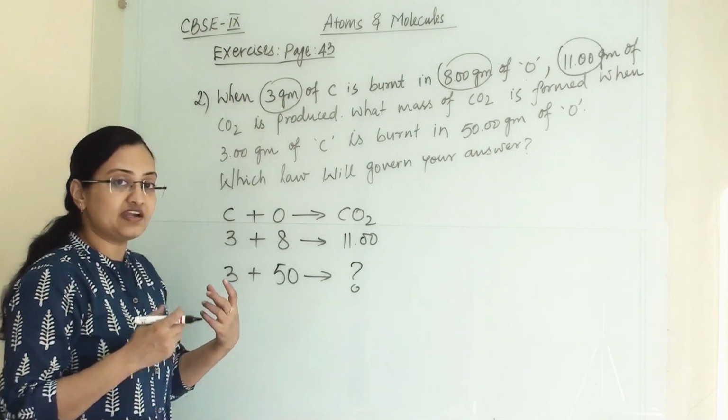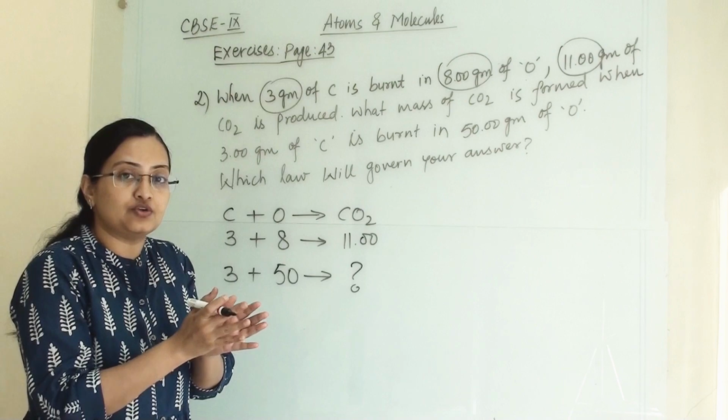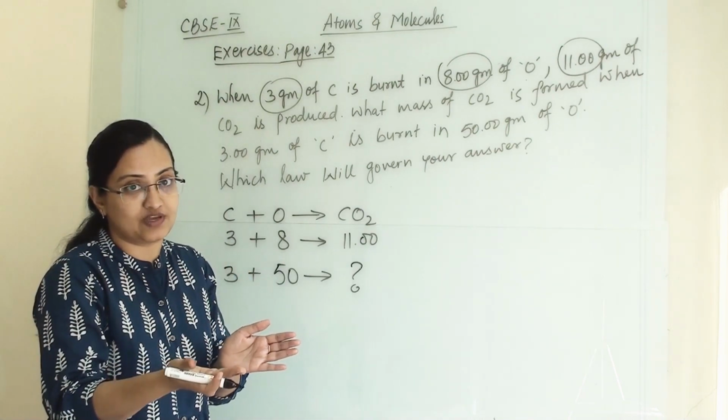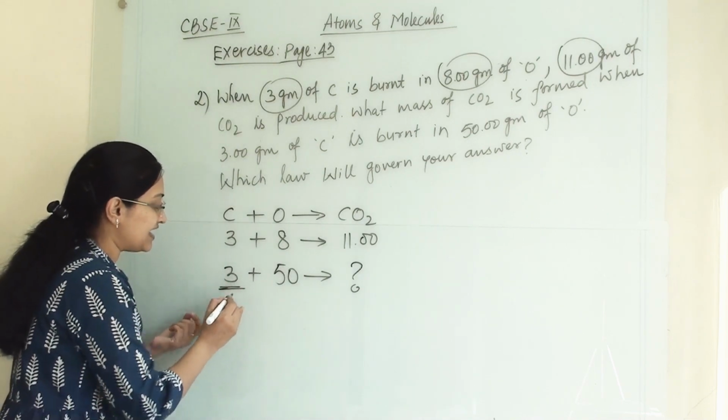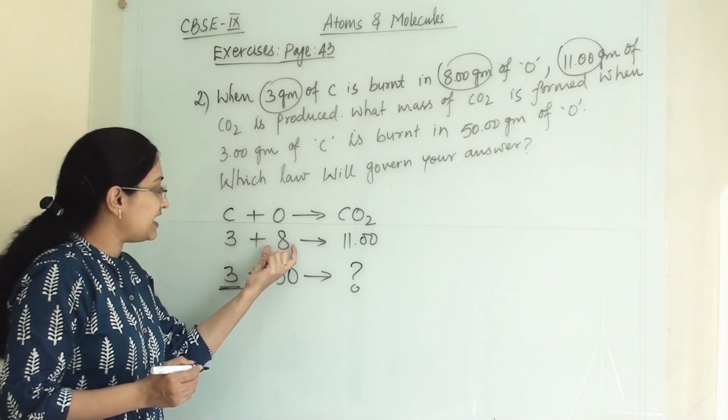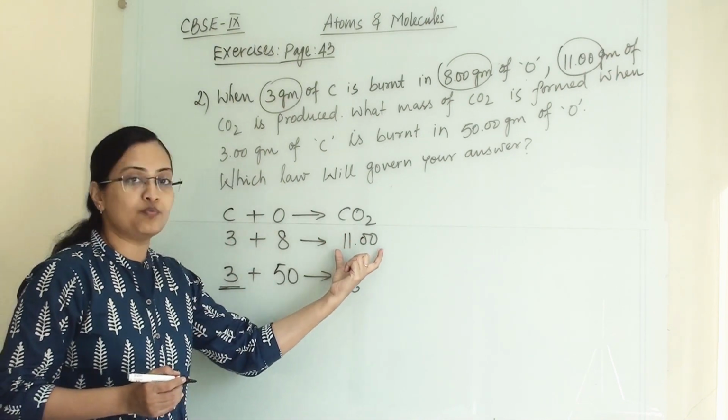Now here, if we are taking any one particular atom more, that doesn't mean our yield will be more, because our carbon is only 3 gram. So it requires only 8 gram of oxygen to form carbon dioxide.